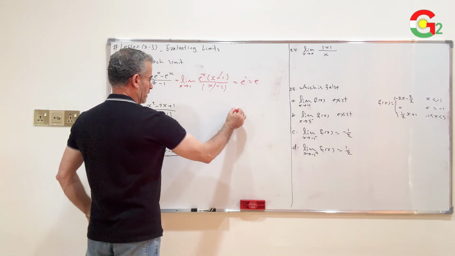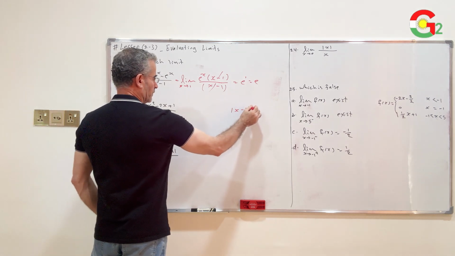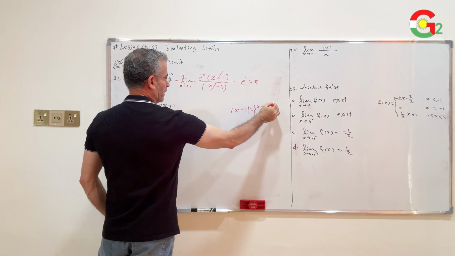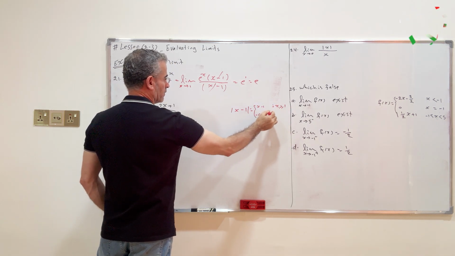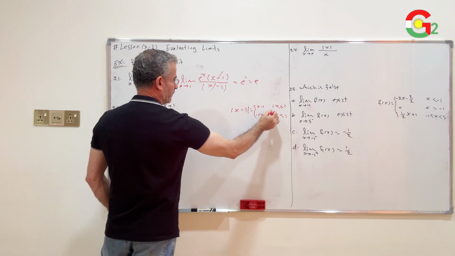The absolute value of x - 1 is equal to x - 1 when x is greater than or equal to 1, and negative (x - 1) when x is less than 1.